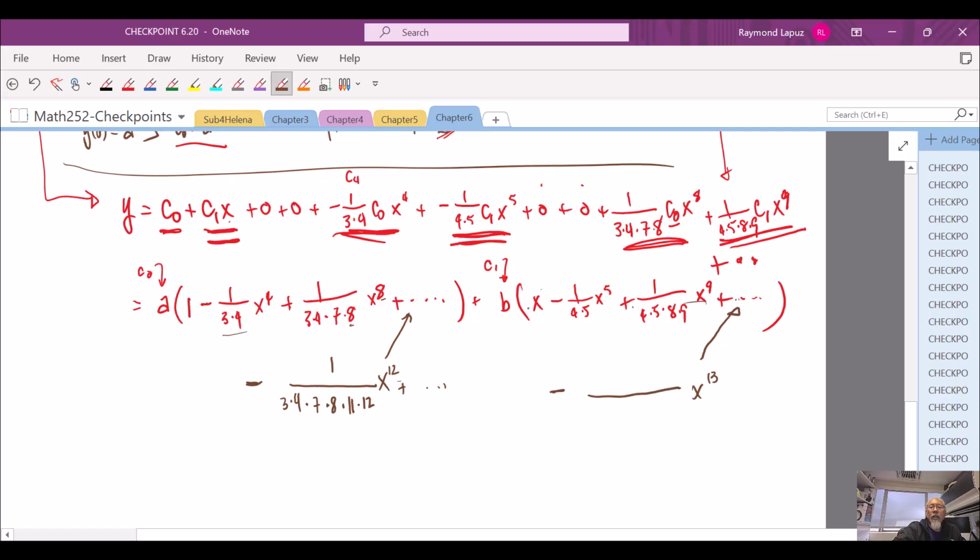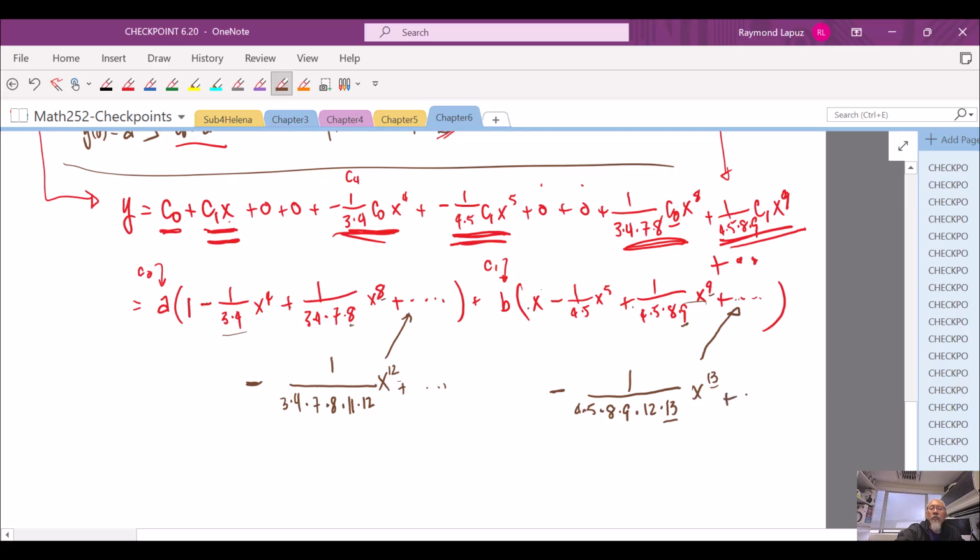And then your fraction here will be 1 over, we have a 4 times 5, we skipped a 6 and a 7, we have 8 times 9. We're going to skip 10 and 11. We're going to have 12 and 13. And just like what we had before, that last number matches with the power of x.